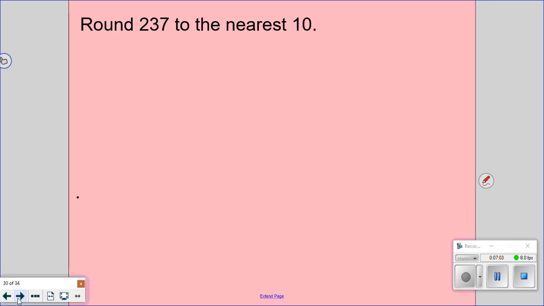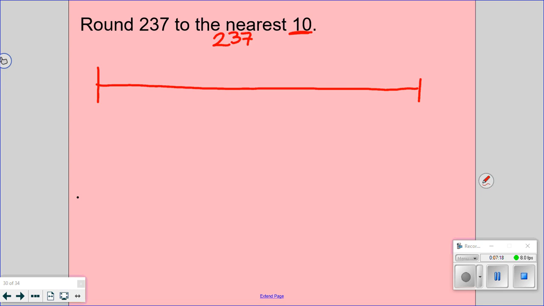237 to the nearest 10. New number line, if you need to. I'm doing 237 to the nearest 10. The nearest 10. Zach, what's going to be my endpoint? 300. I'm doing the nearest 10, not the nearest 100.